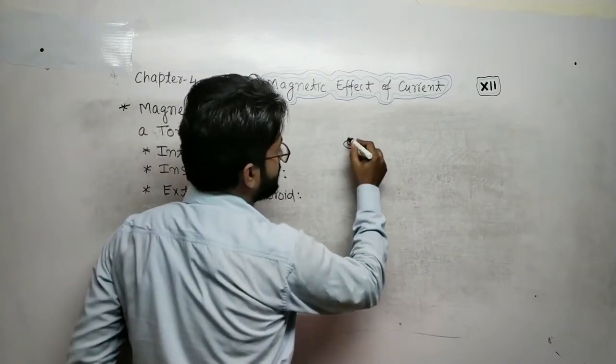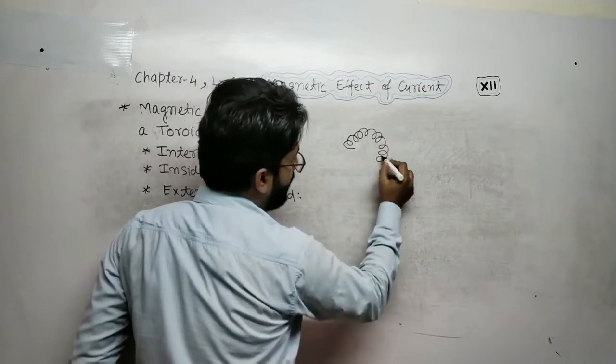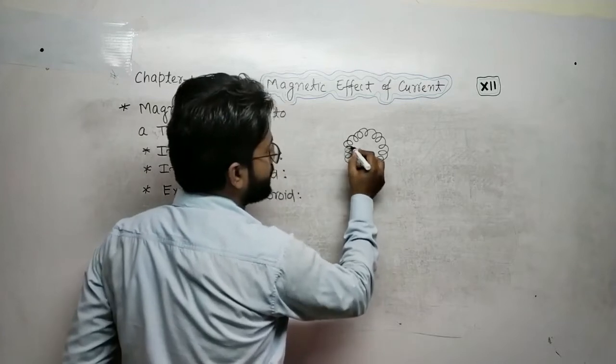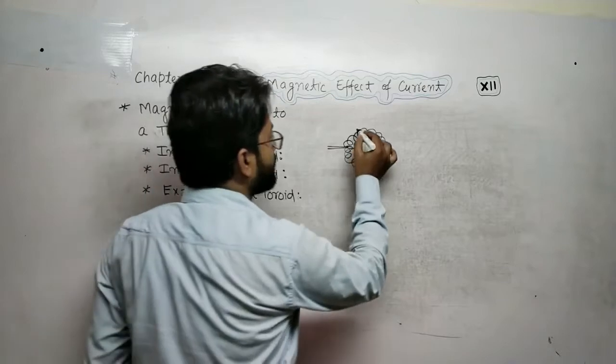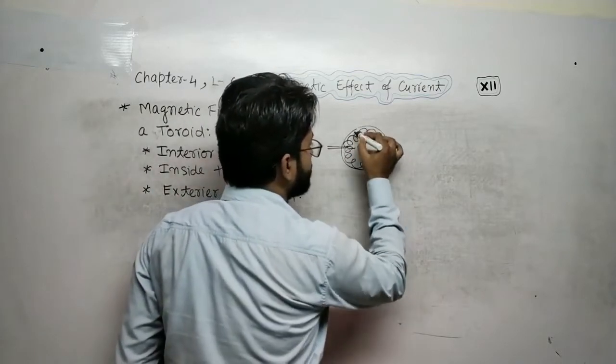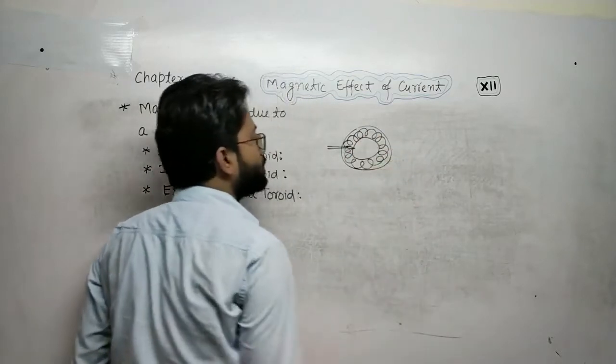Let us suppose this is the endless solenoid, or you can say this is the toroid.